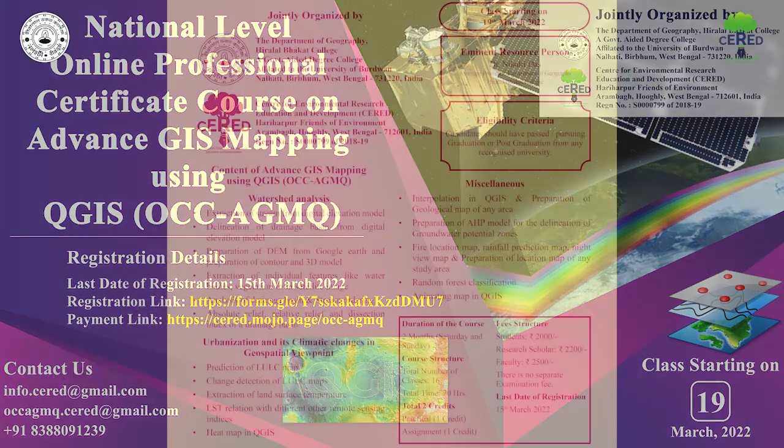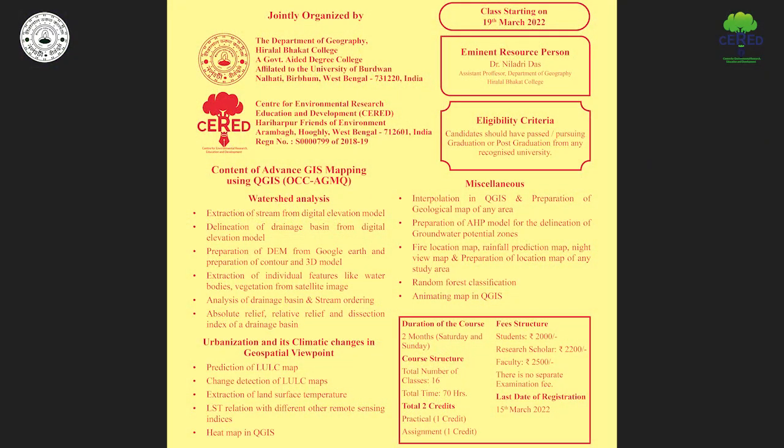It is mainly based on GIS mapping in different study areas like climate change, land use and land cover mapping, watershed mapping and analysis, preparation of geological maps, preparation of AHP model for groundwater potential zones, animating maps in QGIS, and many more.